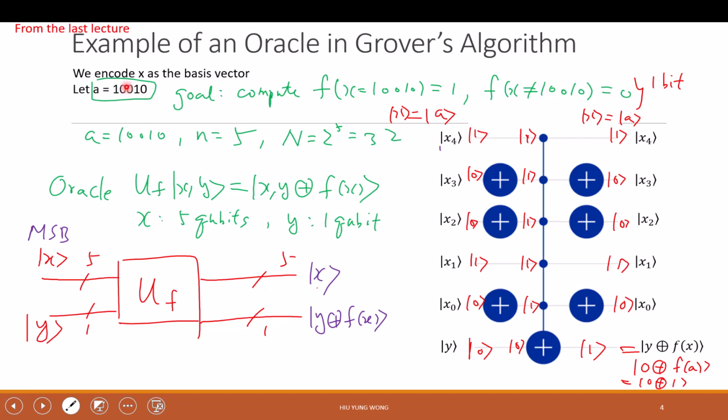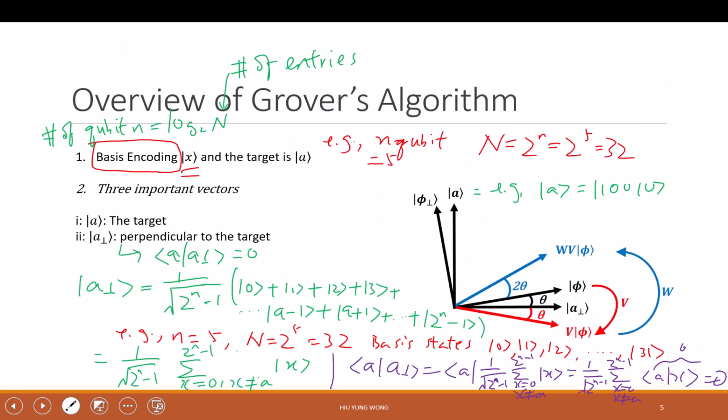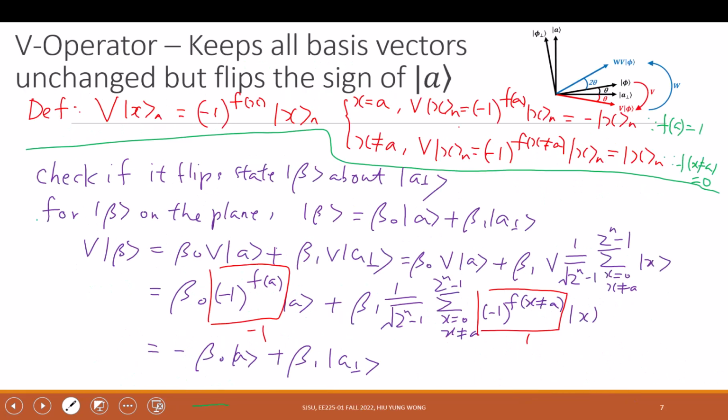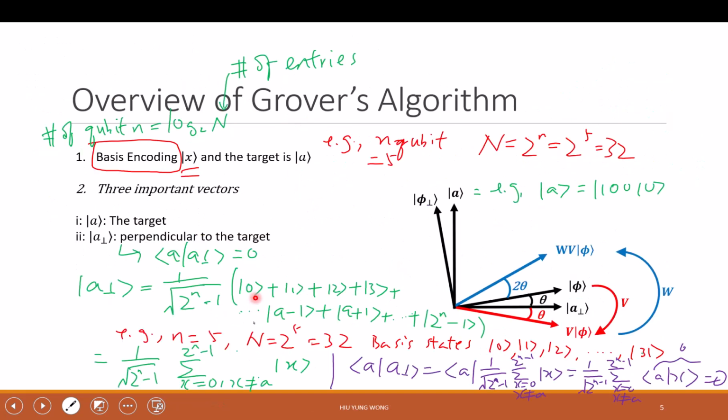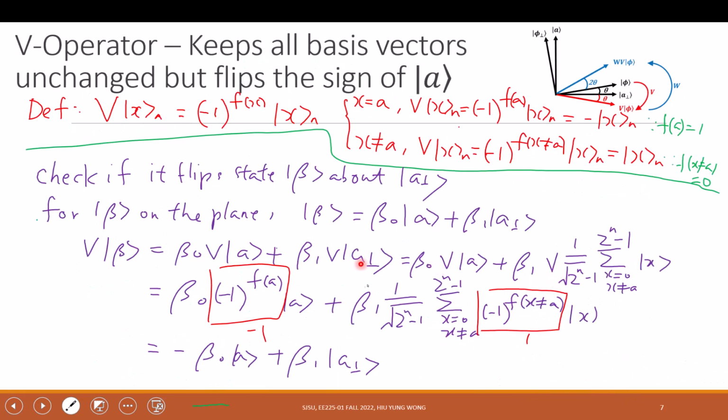This is the basis vector. But for the right term here, this one is A perpendicular. A perpendicular is a linear combination of many basis vectors except A, right? So that's why I change A perpendicular to this whole term. This whole term is A perpendicular. Yeah, good question. And then I can multiply it one by one. Okay, very good. Any other questions?